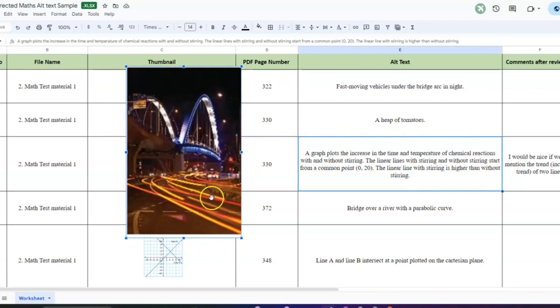Suppose a blind person is in front of you, then how will you explain this image? Simple: fast moving vehicles under the bridge in the night. Suppose you just close your eyes and think like that. Will the image be clear from this text? It is night, and some fast moving vehicles.